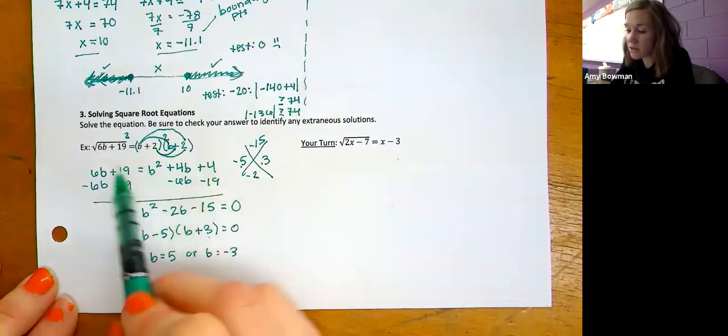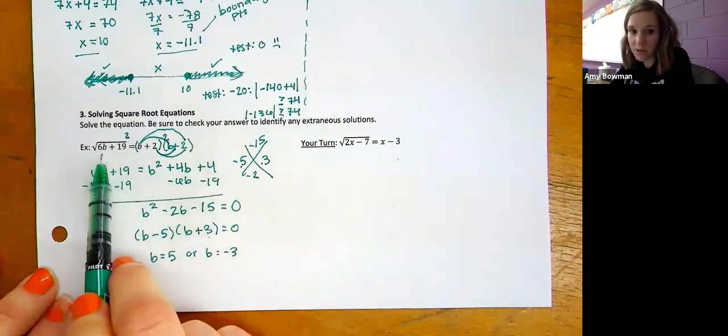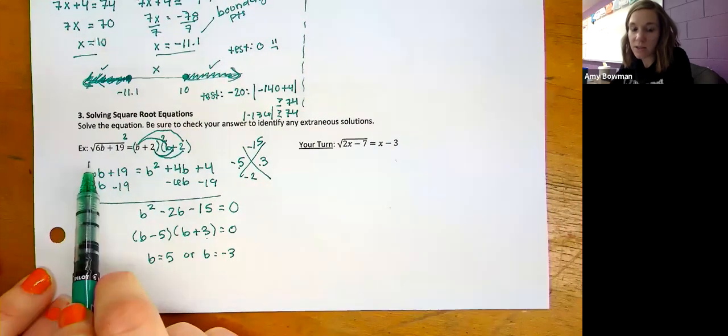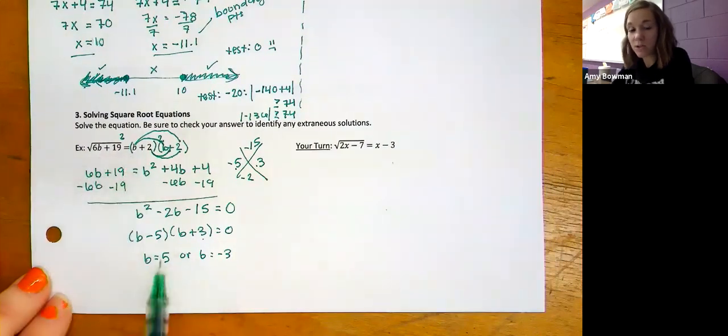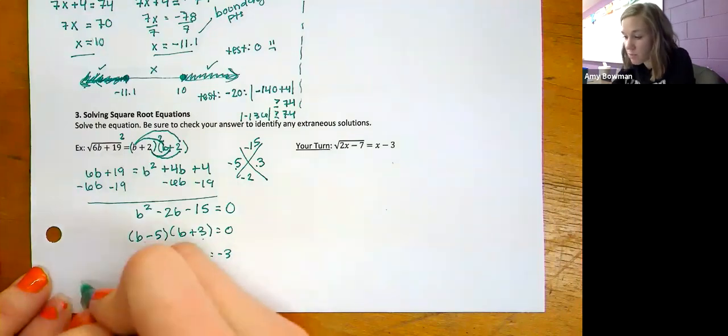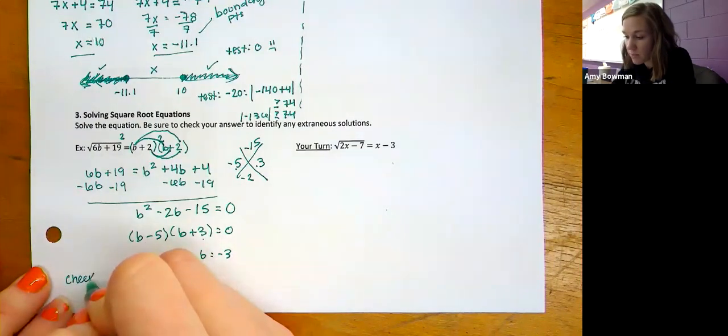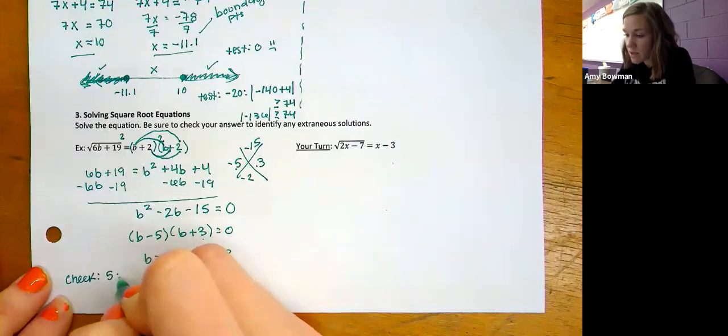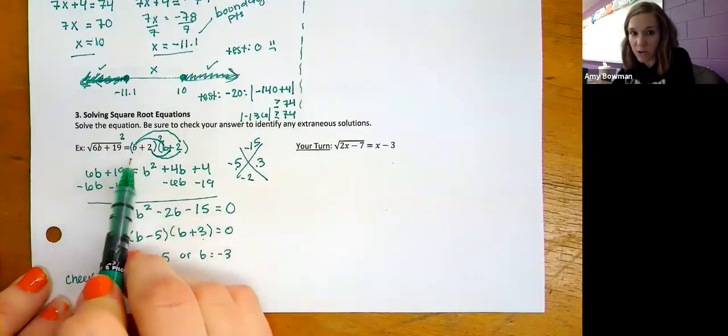Now, when we solve square root equations and square both sides, we often introduce something called extraneous solutions, which are solutions that appear to be solutions but are not actually solutions. So it's very important to check both of them. I'm going to check 5 first. Again, we plug it right back into our original equation.